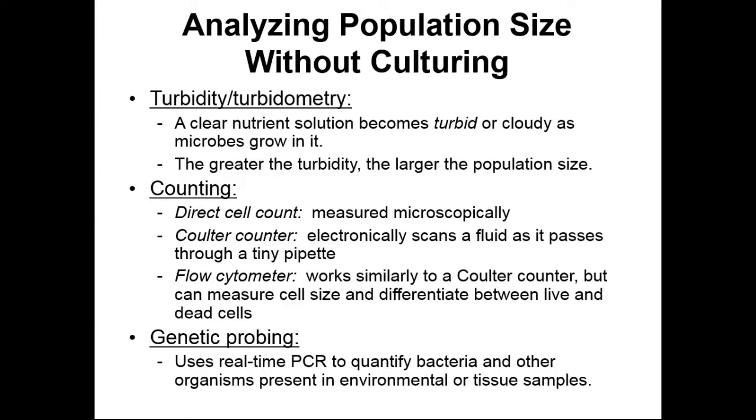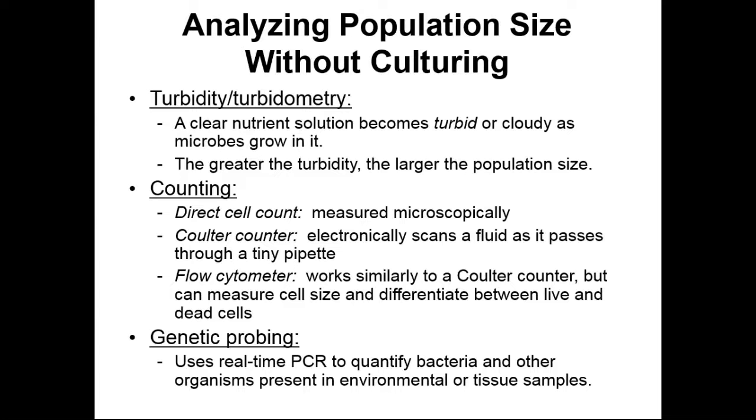Turbidity measurements are done by shining a light through the sample, and then that light is shined onto a photodiode, which will then measure the intensity of the light that's been shown through the sample. If lots of light makes it through the sample, there's fewer bacteria blocking the light, and there's a lower population size of bacteria. Now I want to emphasize again, the turbidity counts do not tell if the cells are living or non-living.